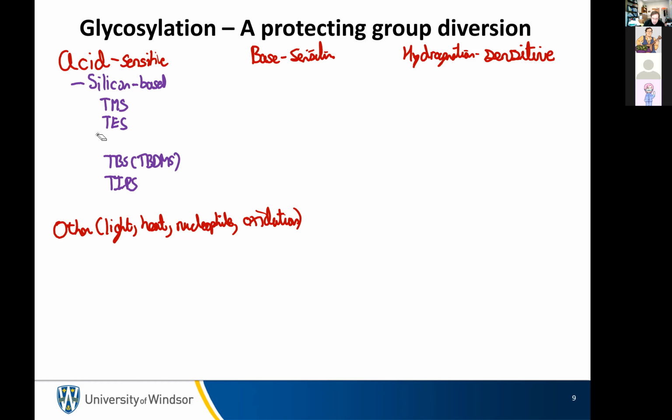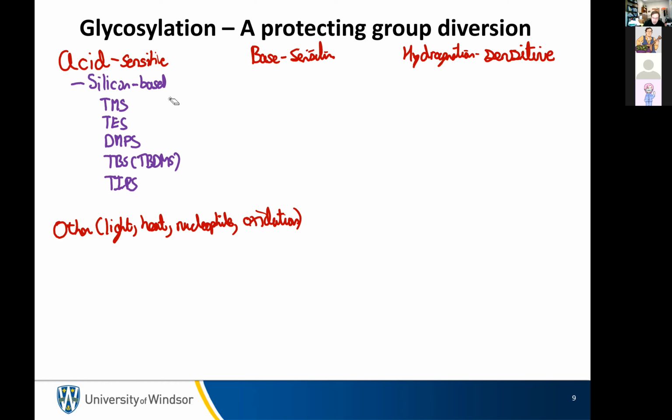I have to get this right. Dimethyl DMPS, dimethylphenyl. So we'll come back to those. And then we also have, you know what, actually those are specialty. I'm going to keep those to the side.